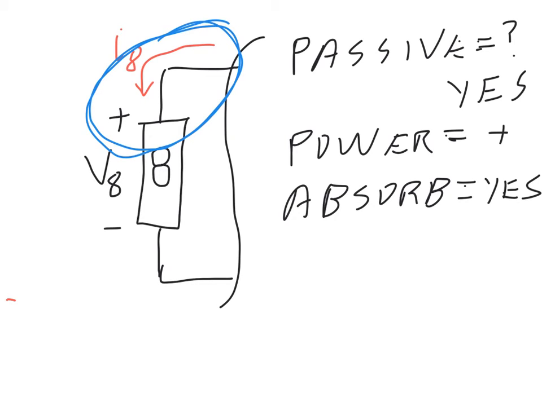Alrighty, so there we go. Let's do another example. Suppose we have a device in this orientation, and it is hooked up to a bunch of circuitry out here. We don't know what is going on, but we have some current flowing in this direction.